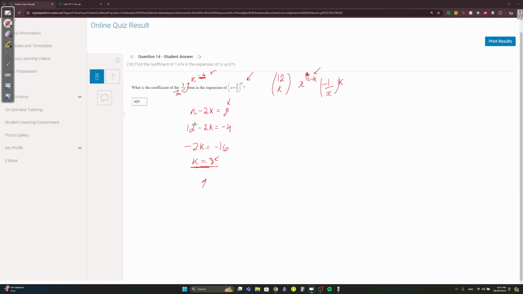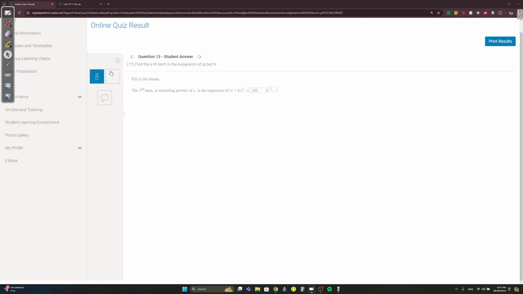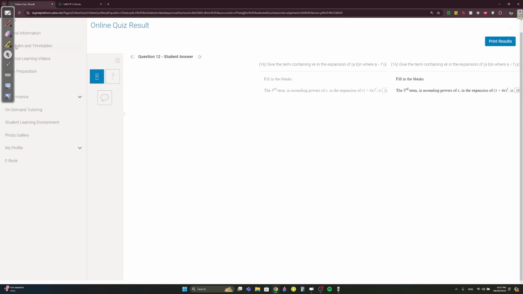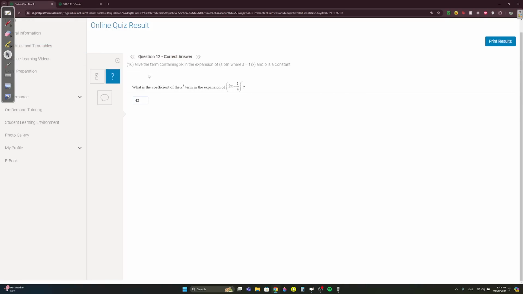Does this work with every question? Yes, except the constant term question. For the constant term, k equals n over 2. Other than constant term, this will work. So let's go back to question 13. I think 15. It was here, yeah? No, not third term. For the third term, we said it was easy; you just take k equals 2. Here, yeah.